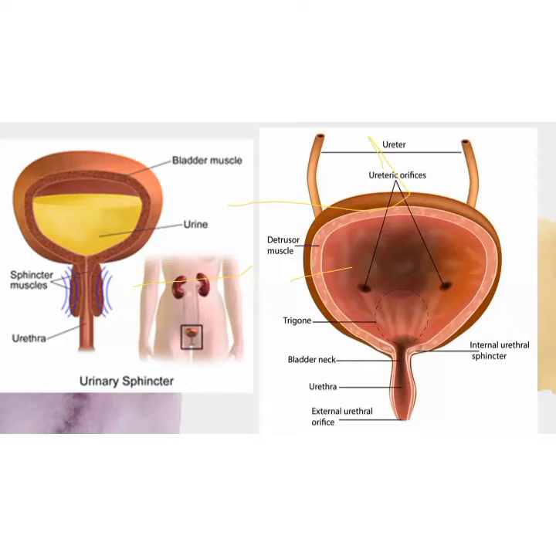Anatomical capacity: the urinary bladder can hold up to 1 liter of urine, but practically it is not possible. Even when it reaches 500 ml, we feel pain and referred pain over the anterior abdominal wall and the perineum.